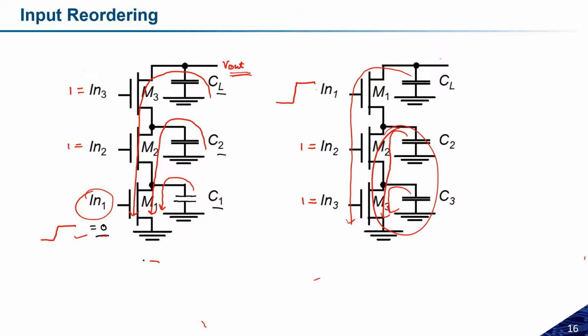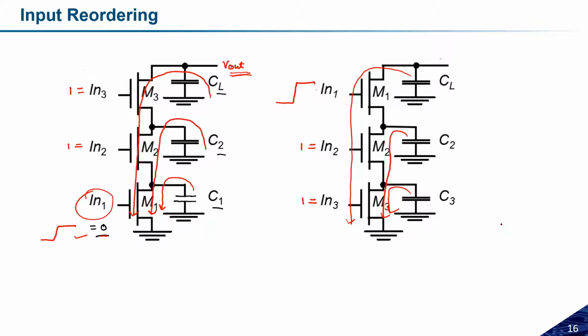So the total time taken to discharge this load capacitance will be less as compared to the previous case. And if it is like that, what does it mean? It means that you can reduce the delay. You don't need to change the sizing, but simply by reordering the inputs, you can reduce the delay. So you have to simply find which input is the critical input.